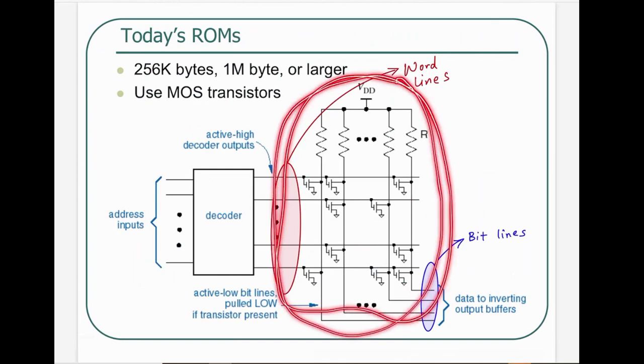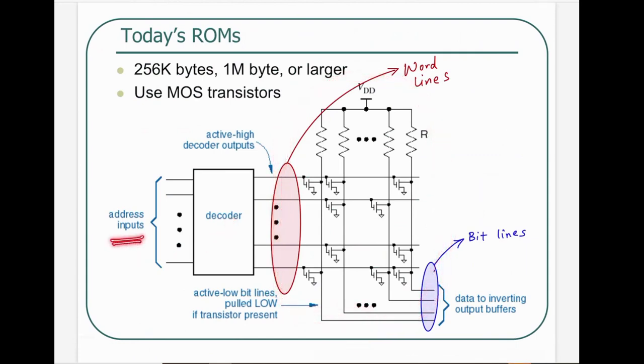So it's not the decoder. The decoder is not included there. So we are assuming that some address has been given that has been decoded. And what do we do with the word lines? Well, the word lines will need to be connected to some transistor configuration, and the outputs are going to be bit lines.